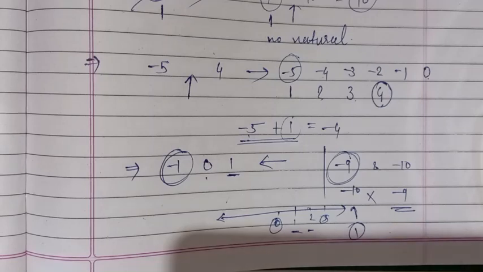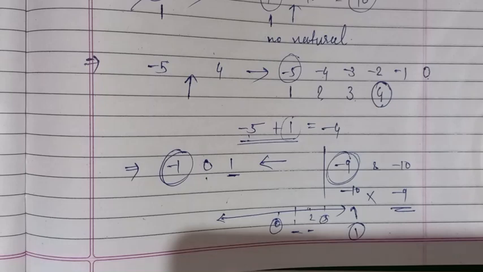So this is the whole talk about natural numbers, integers and whole numbers. Now you can count how many natural numbers, integers, whole numbers are between any two natural numbers, any two whole numbers, any two integers.